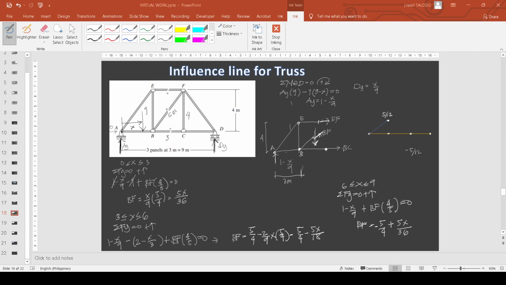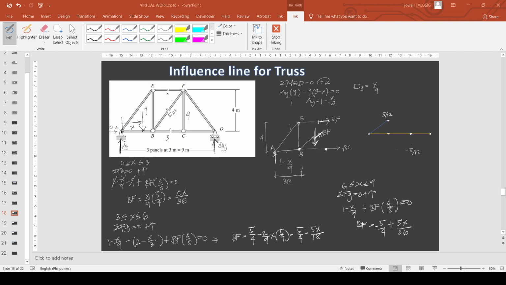So, lalabas dito is negative 25 over 12. Sorry. So, may kamali lang sa calculation natin. So, plus dapat pala yun, no? Plus 5x over 36, 5 times 6 over 36. So, negative 5 over 12. Okay, tama. So, parehas doon sa baba.